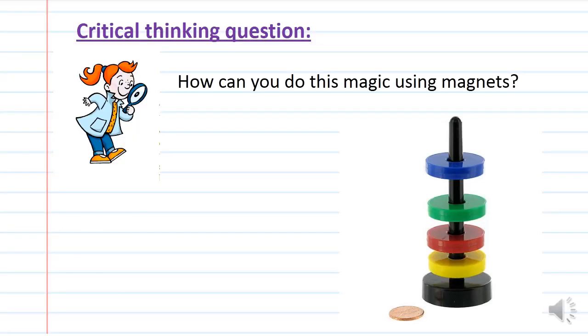A critical thinking question, because you are so smart, students. So how can you do this magic using magnets? How can I put these pieces away from each other? So, of course, this is not gravity of Earth, no. Not gravity of an iron metal, no. Actually, these are magnetic parts.